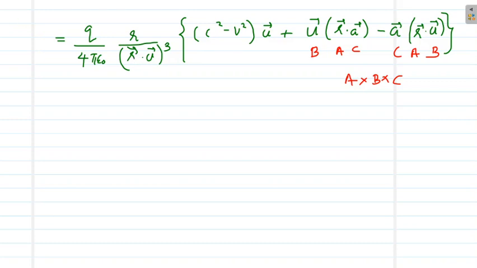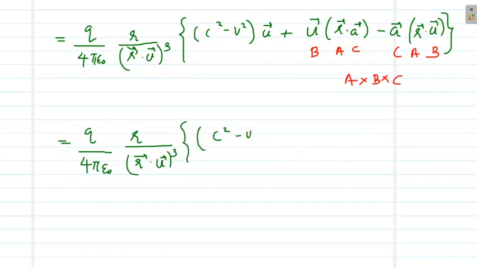So let us rewrite this equation as Q by 4 pi epsilon 0 into R divided by (R bar dot U bar) the whole cube, into (c squared minus v squared) into U bar plus A cross (B cross C).